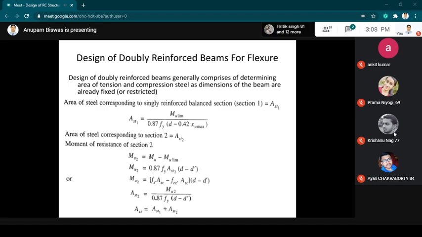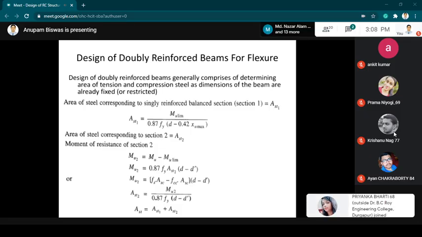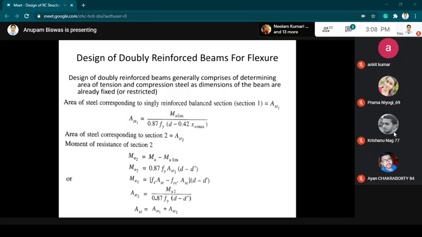Okay, we know that Mu is equal to Mu limit plus Mu2, so Mu2 is equal to Mu minus Mu limit. So subtracting the value of Mu limit from Mu, we'll get the value of Mu2. So that is in terms of FSC into ASC minus FCC into ASC multiplied by d minus d dash. Okay, we know what these values are: FSC and ASC.